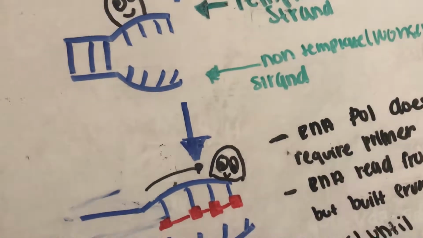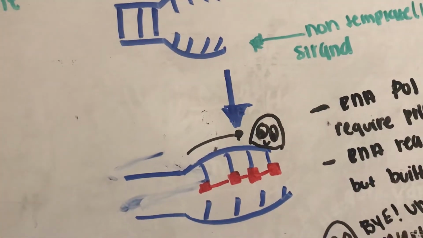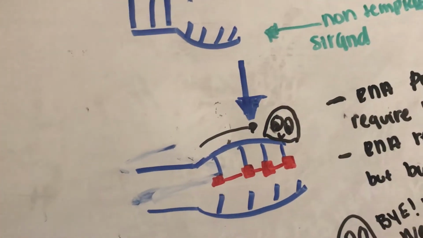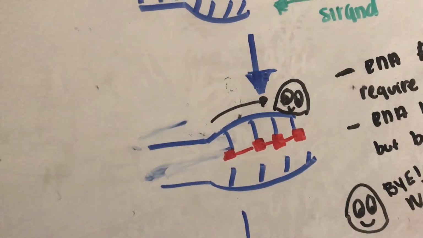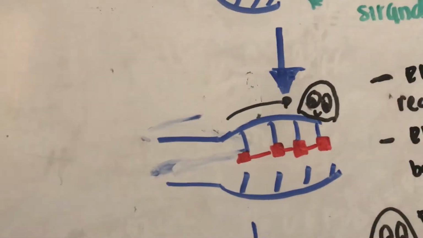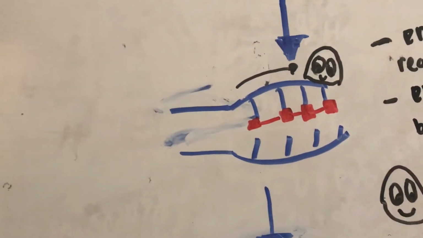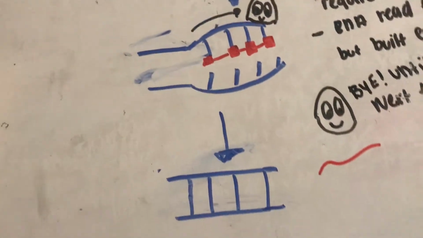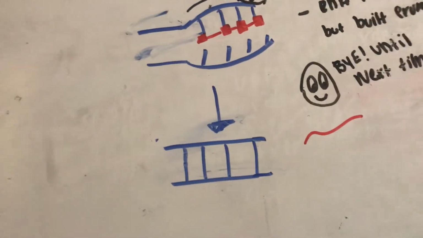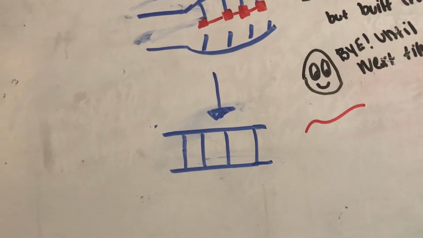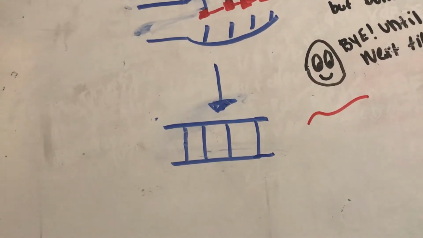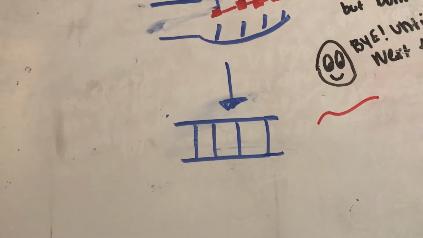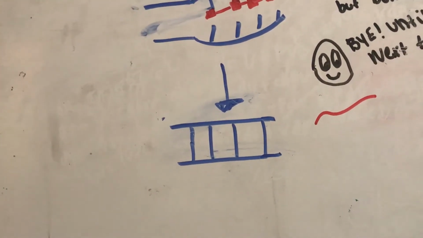So RNA polymerase will go down the DNA and continue adding the mRNA sequence until it reaches a termination sequence, and that's when RNA polymerase releases.